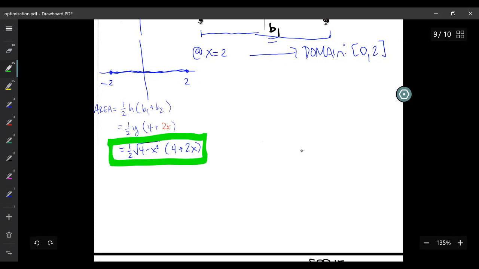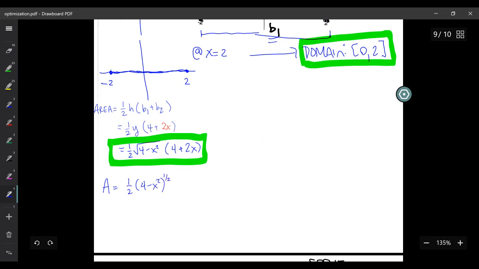All right. So this is my instance of one variable. Here's my domain. I'm ready to find critical points. I need a derivative. Before I do that, I'm going to rewrite this as (4 minus x squared) to the 1/2 times (4 plus 2x).